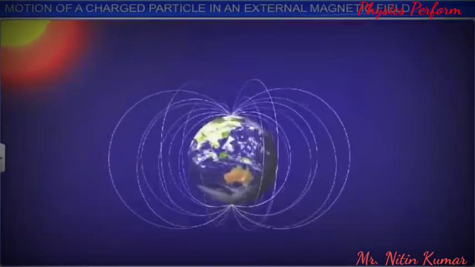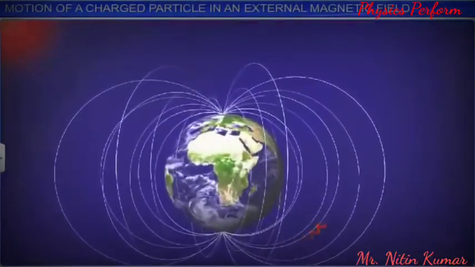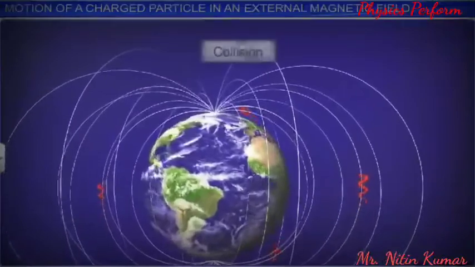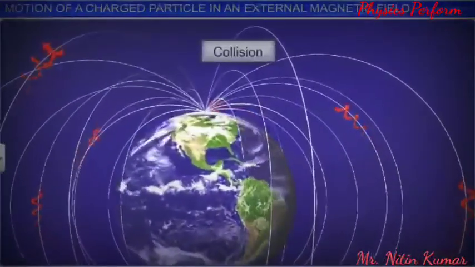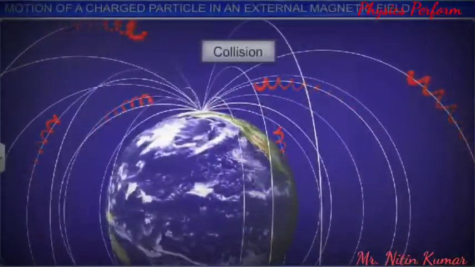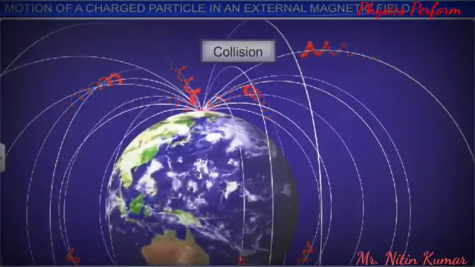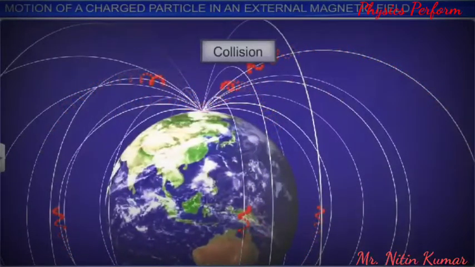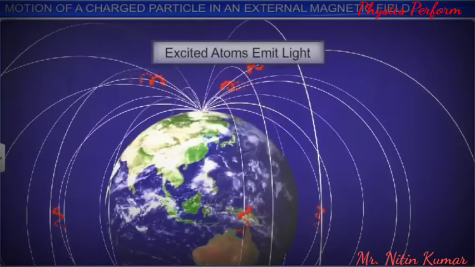When the density of the charge increases at the poles, these particles collide with each other and also with the molecules of atmospheric gases. Then the atoms of the atmospheric gases get excited. These excited atoms emit light during de-excitation.